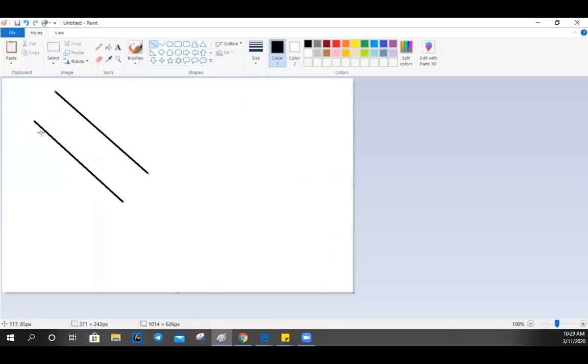Like that. And the way Dylan drew it is the wedge.